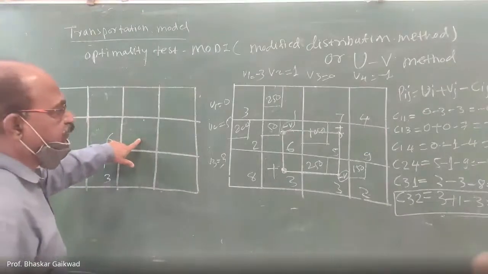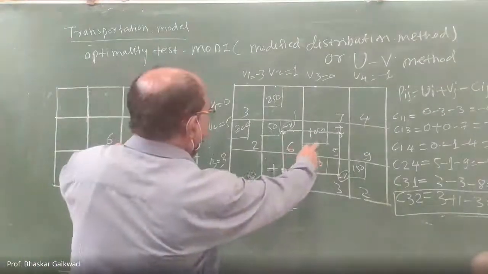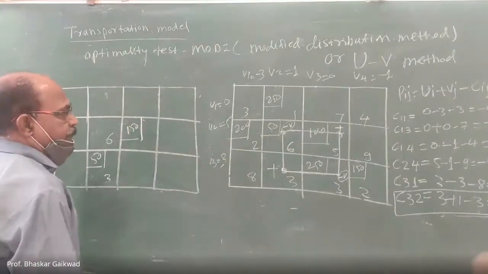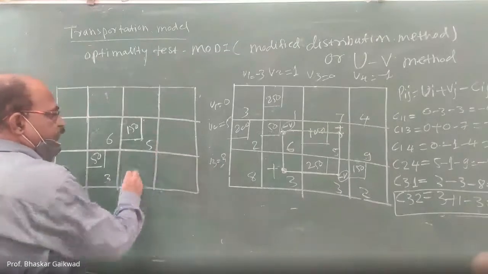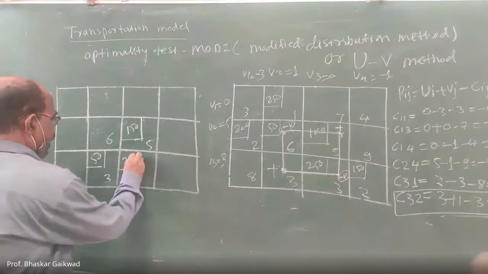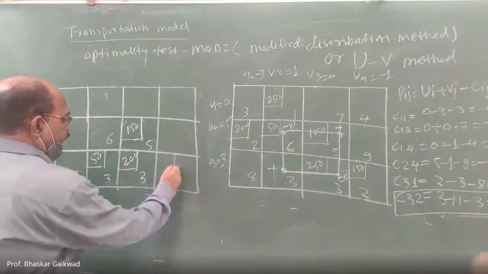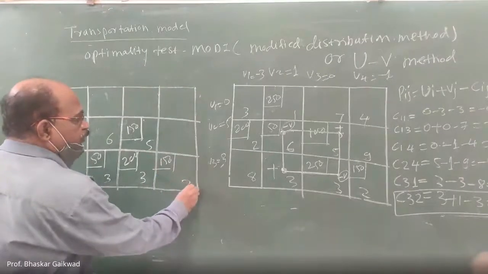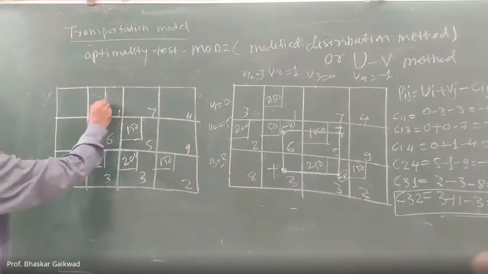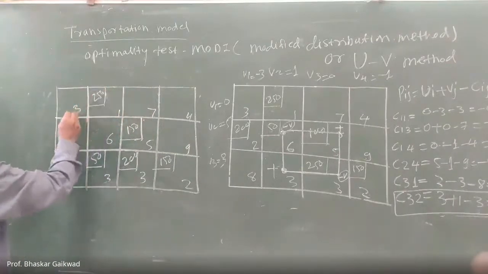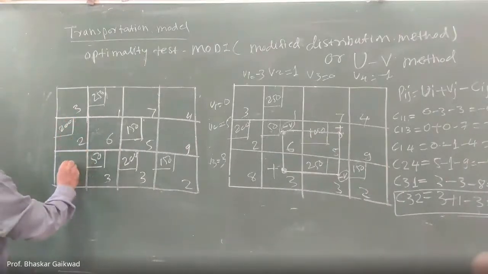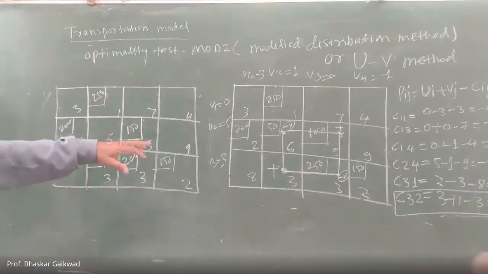So here plus is 100, 150, 85, minus here is 200, 3, 2, 9, 7, 1, 3, 8. So just change this value.